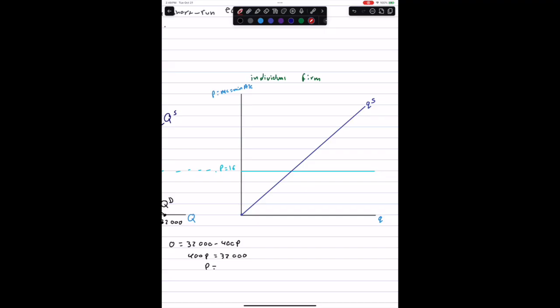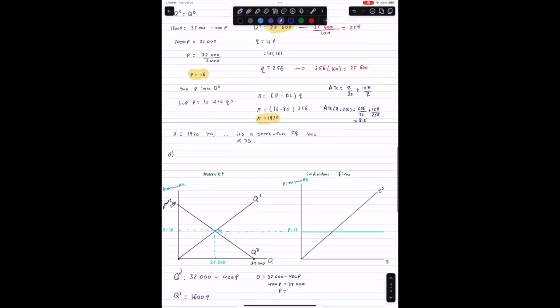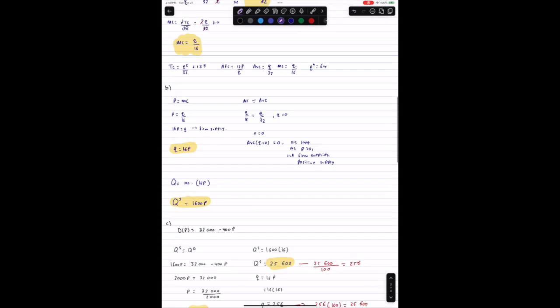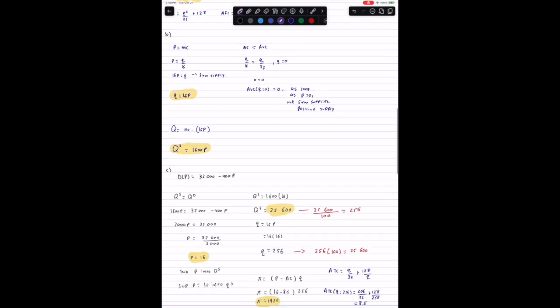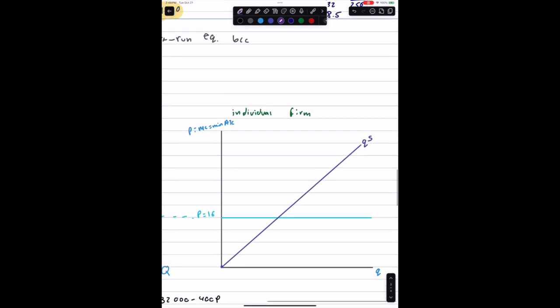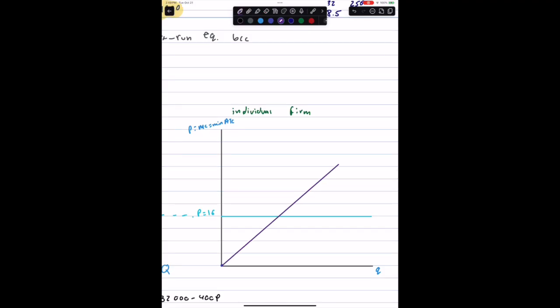So we're going to draw this. Let me actually draw the marginal cost line first. That might be a little bit easier. We know marginal cost is equal to Q over 16, right? So actually, let me get rid of this quantity supply line and replace it with a marginal cost line.